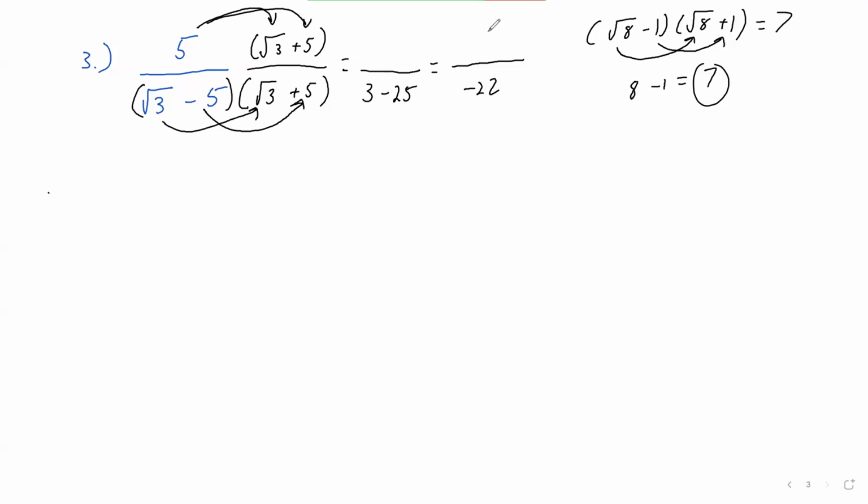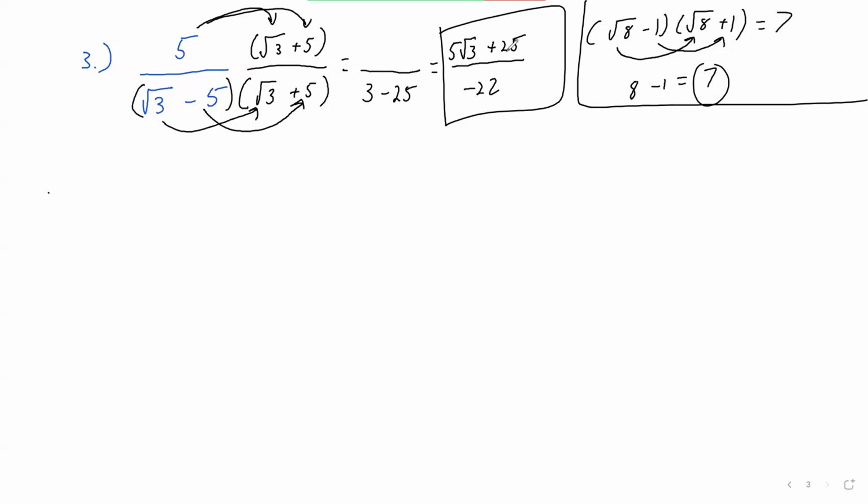This is in a radical. So I have to write it as such. I can't actually multiply them. But 5 times 5, I can multiply, which is 25. And you can't combine, and then they all have to have the same number in common. So in this case, no. But you do always want to check that because you don't want to do all the work and then get it wrong. Simplify.